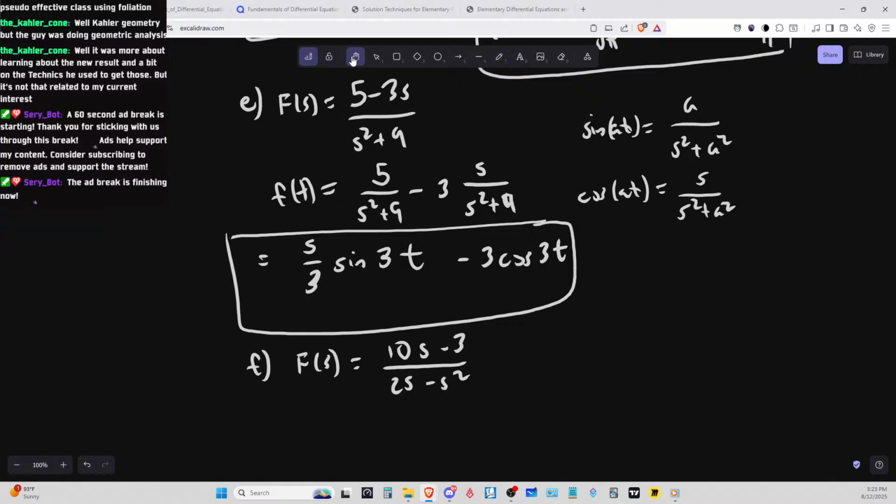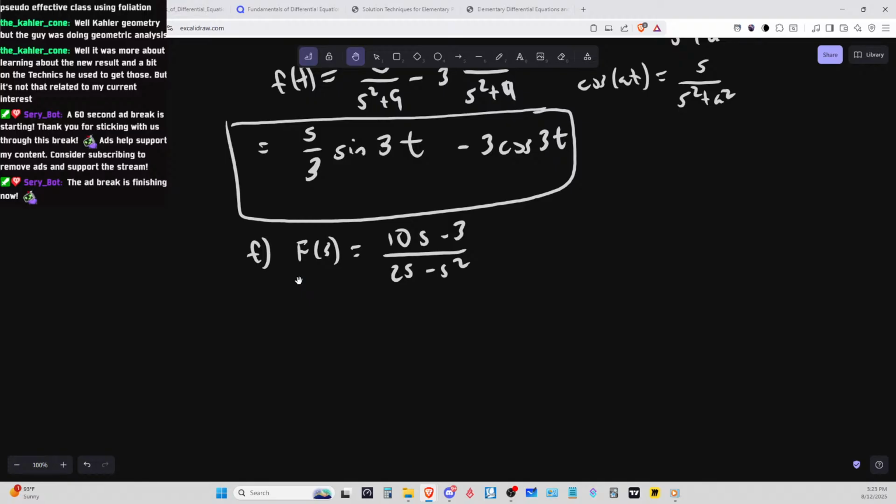Okay, so what do we got here? This one looks very messy. So, let's see, we have 10s, 25, 2, and then minus 3, 25 minus s. I just split it up to make it a little bit more manageable to see.